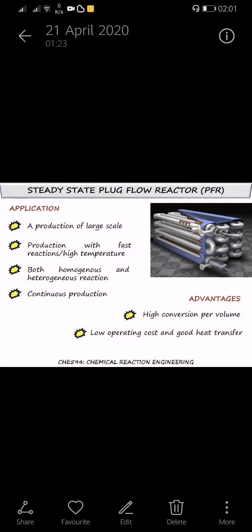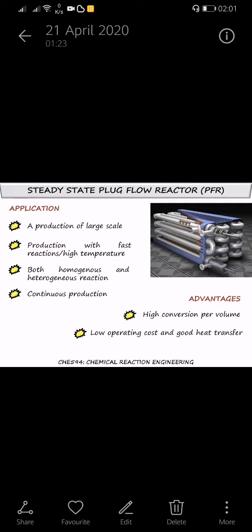Okay, now saya akan introduce to you the steady state plug flow reactor. So basically PFR is actually being used in large scale industries, and it's usually used for having fast reaction and at high temperature, and it's going to be used for homogeneous and also heterogeneous reaction.